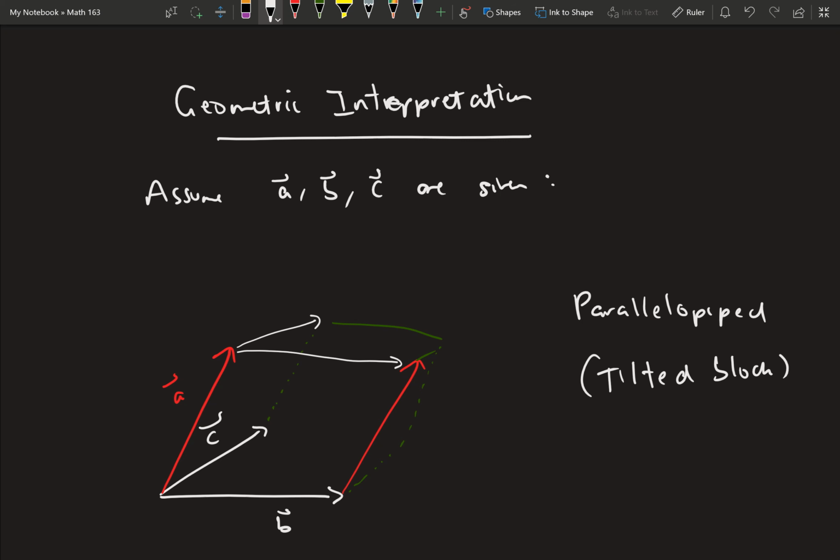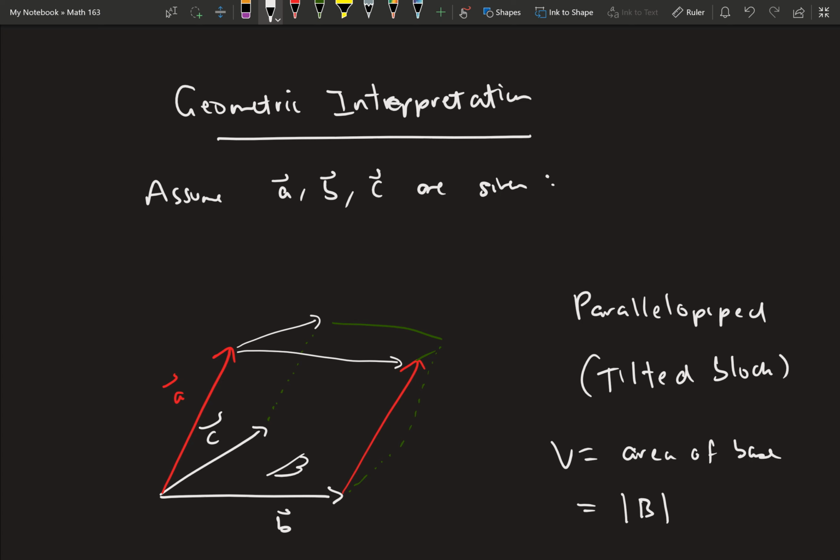And one could ask, what is the volume of this block? Well, the volume is simply the area of the base, and the base is given by the vectors B and C here.